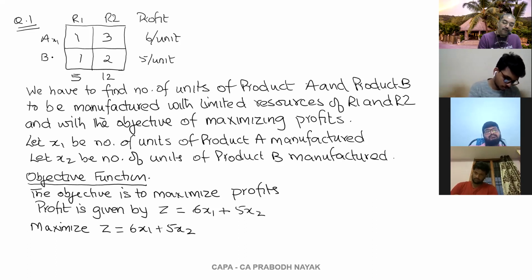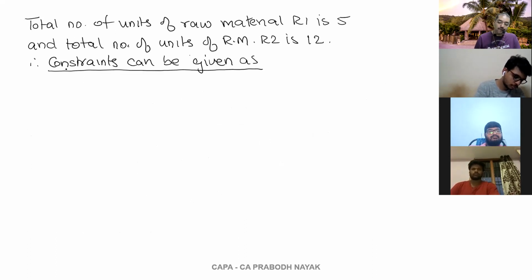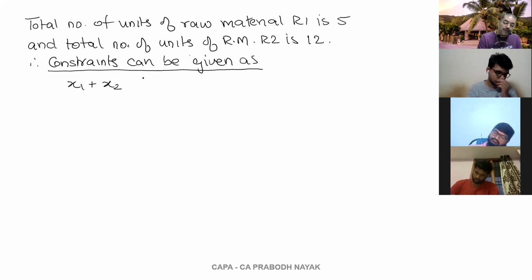X1 units of A and X2 units of B. So 1 into X1 plus 1 into X2 should be equal to or less than 5. Maximum 5, so it can be 5 or less than 5. So X1 plus X2 should be less than or equal to 5.